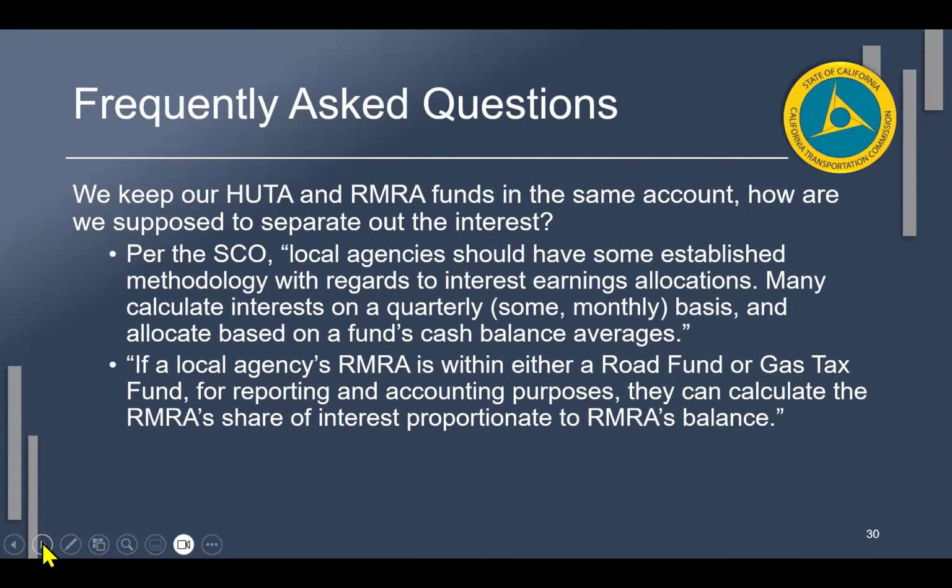They can technically be in the same account, but you have to have a coding system in place to be able to track the two funds separately so that you know what is the balance for each and what interest applies to which, okay? And again, if you need further guidance on that, the state controller's office can assist your finance department.